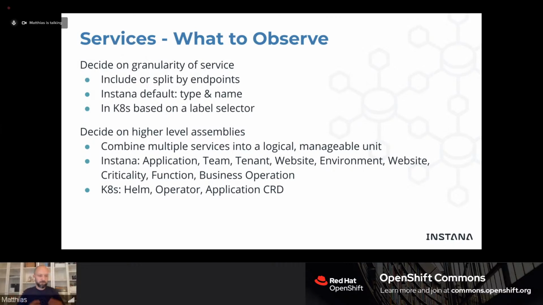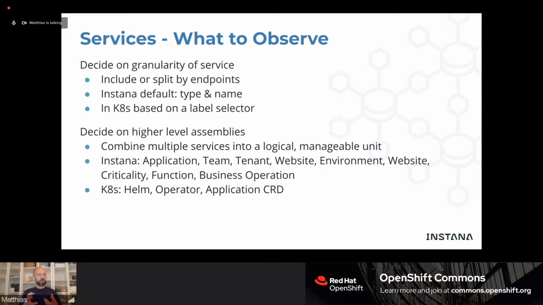If you have an old web server, then you might split different endpoints. You might have different granularities of what works for you. In Instana, the default is something that is named and of a certain type, like HTTP, database and the like. But again, the granularity of the service is up to you.